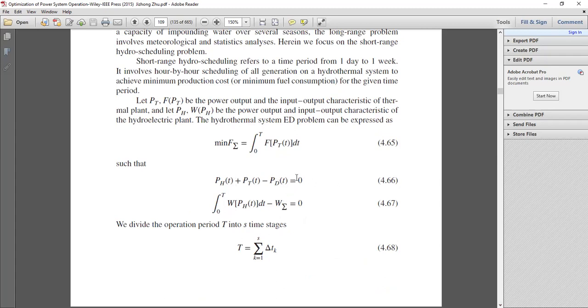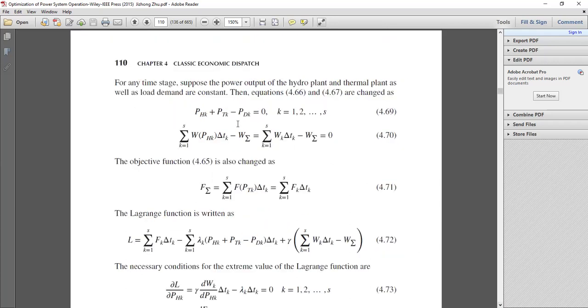If we want to specify this equation for a certain time stage, that means for any k, it becomes pH of k plus pt of k minus pd of k. That means p hydro at the kth instant plus p thermal at the kth instant, minus the demand at the kth instant, should be equal to 0, where k is equal to 1 up to the total number of instants under consideration. This is 4.66 transformed into 4.69.